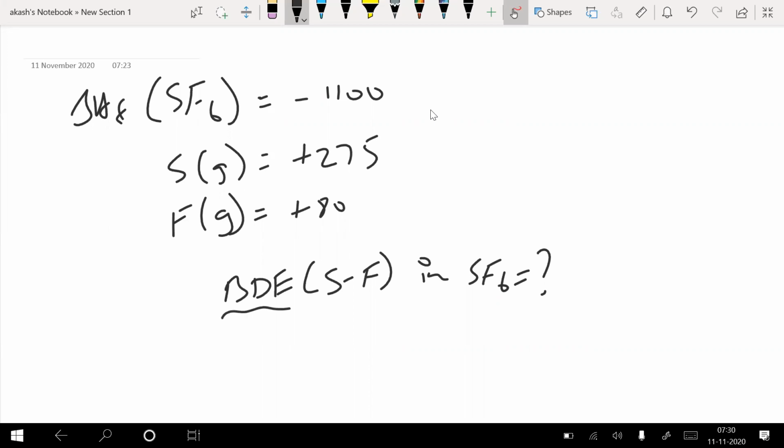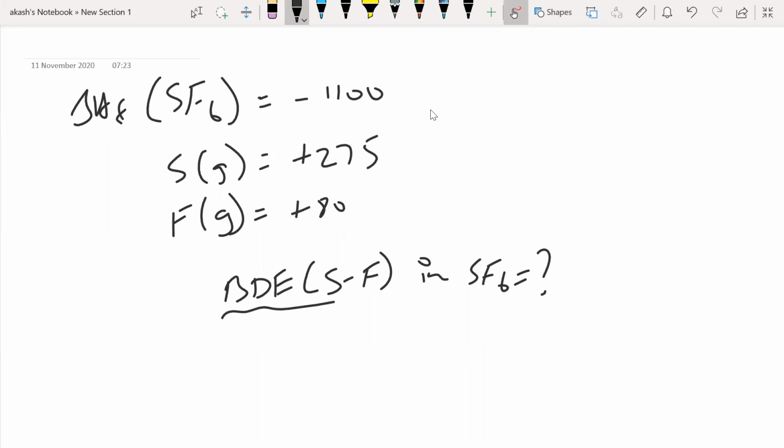Even though they're asking bond dissociation energy, you write the reaction for bond enthalpy, SF6 converting into whatever it is. That is my overall bond enthalpy. And you know how to connect your bond enthalpy with the bond dissociation enthalpy.